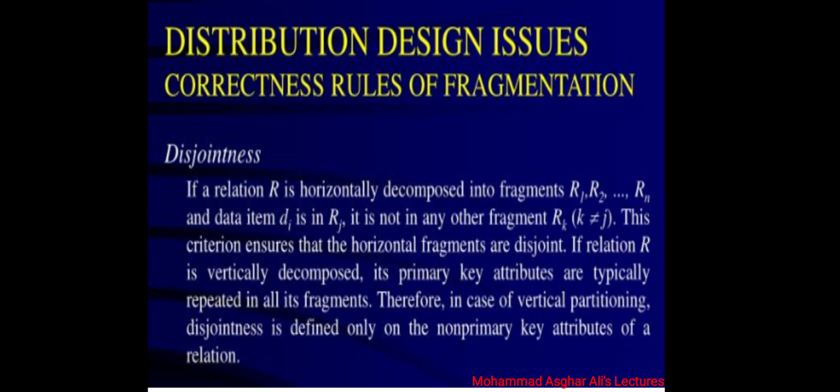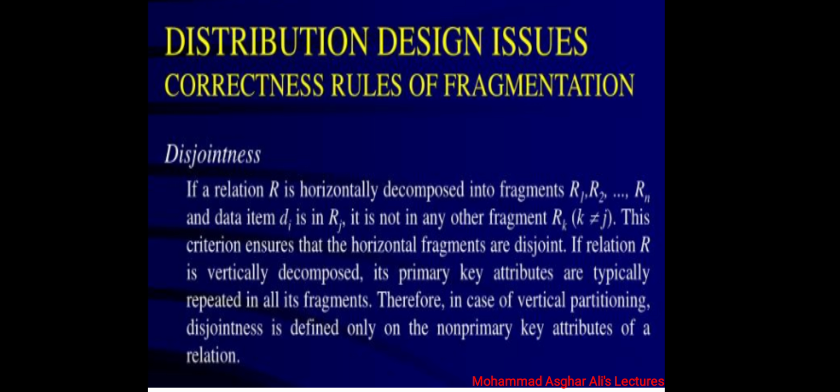And the last one is disjointness. If a relation R is horizontally decomposed into fragments R1, R2, ..., Rn and the data item di is in Rj, it is not in any other fragment Rk, k not equal to j. This ensures that the horizontal fragments are disjoint.